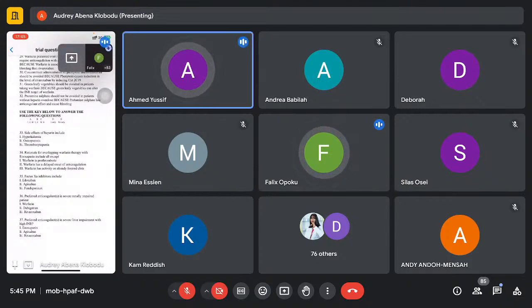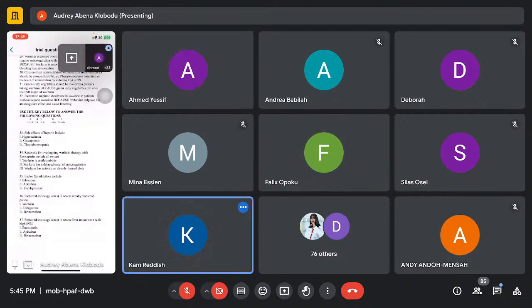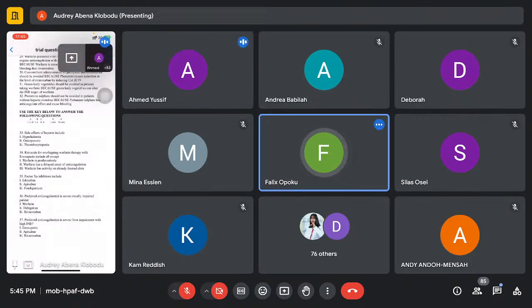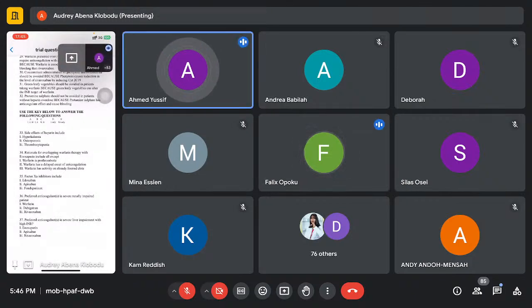So the answer is enoxaparin. So that's the preferred. So that's D. Enoxaparin is a preferred.